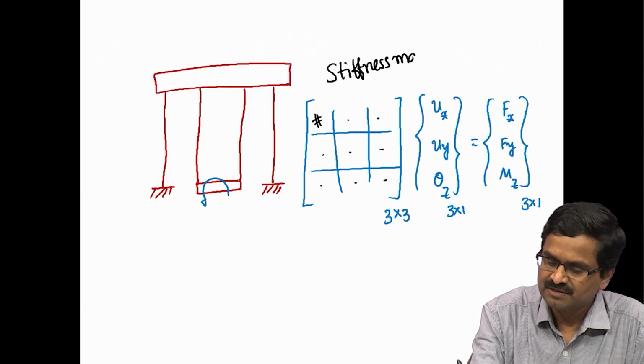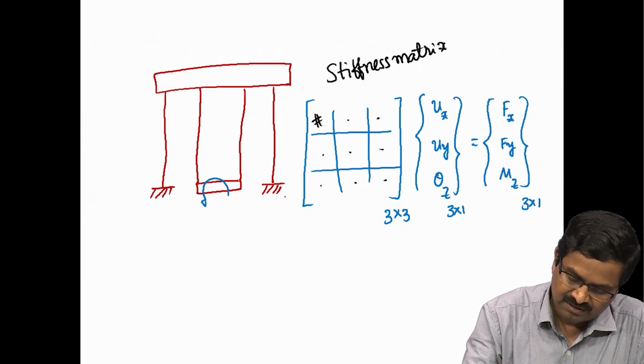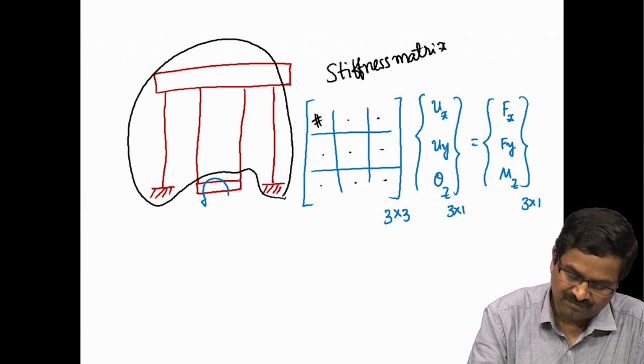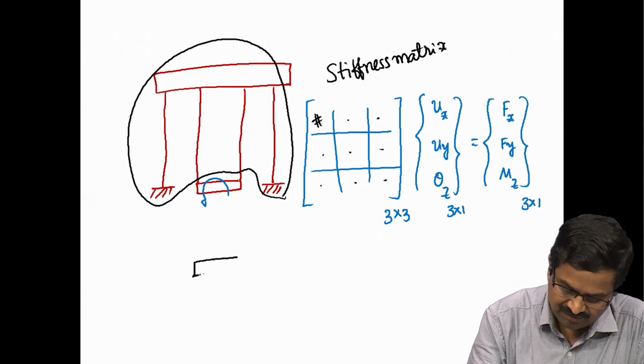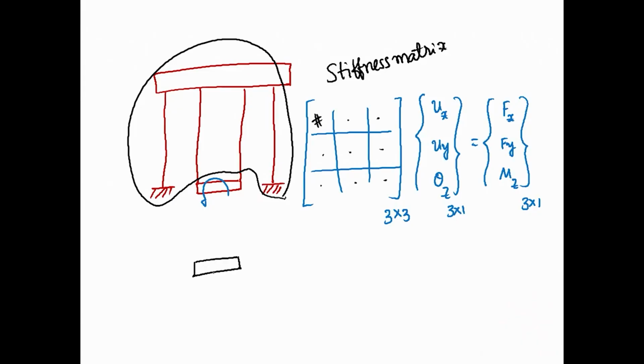Stiffness matrix, which basically models the effect of all of this on this block, so that we can have this block as if it is connected to two springs like this. That is, the entire mechanism we are modeling with these springs, and there is a torsion spring also here, right.